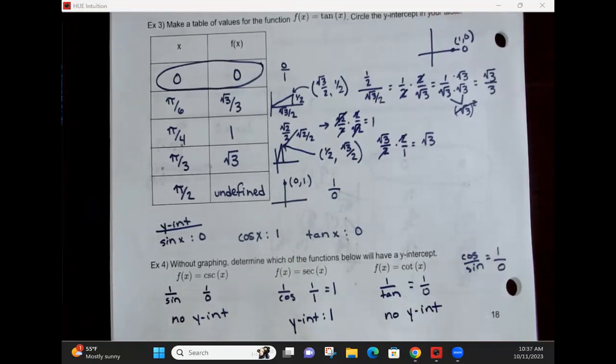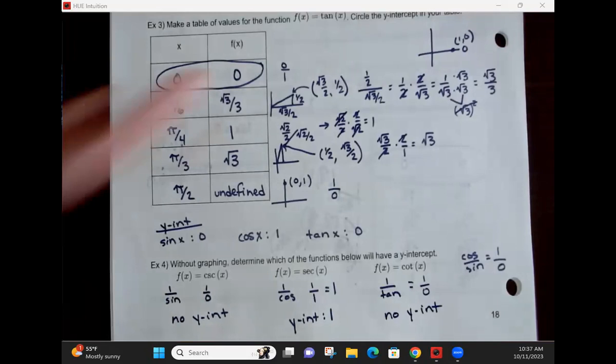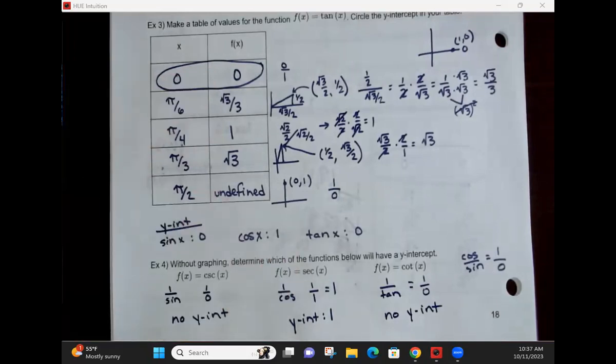Okay, so the types of skills I want you to take out of today, the things that I want you to be able to do, let's say on a unit test. Evaluate our trig functions, okay? Which we have already done. So this was more of a review than it was something new, right? Creating our tables was just the same evaluating that we've done before. And then I need you to remember, right? One of the things that you have to be able to do with our trig functions is remember how they're related to one another.